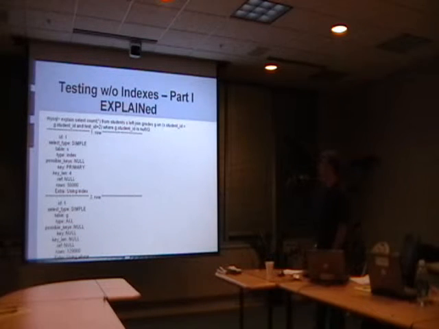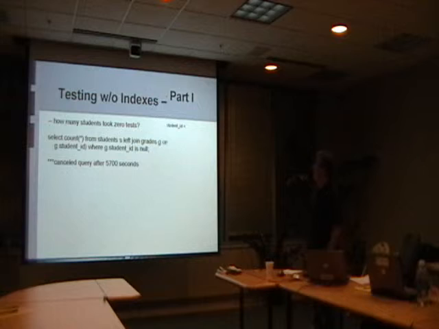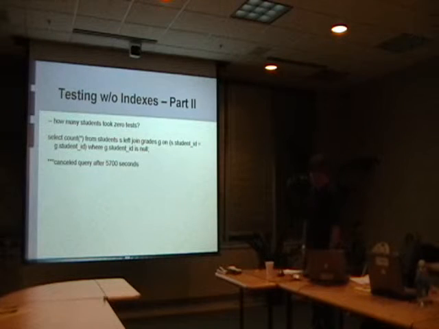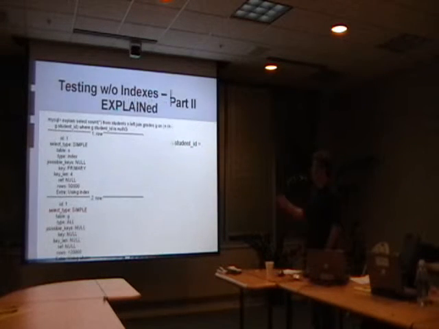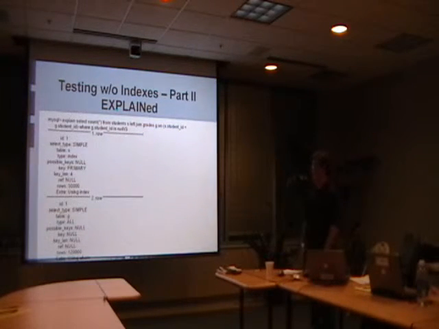All right? And the last thing is how many students took 0 tests. I canceled that one after 5,700 seconds, so it was a similar situation. Here's the explain on this. It ends up being the same amount of computation. You can see one of them at 50,000 rows, the other at 120.